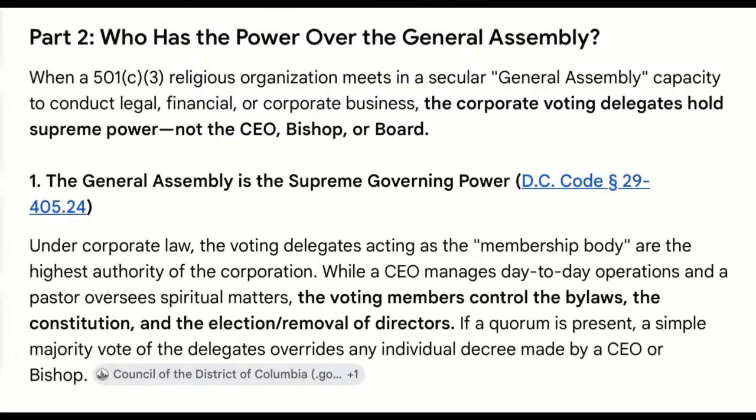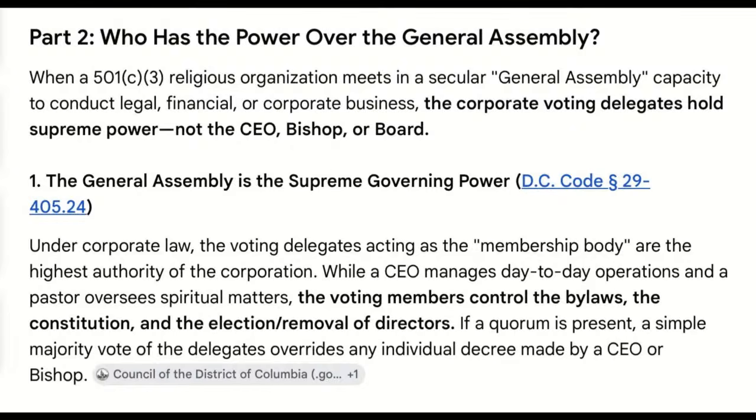Directors are board members, board of directors, executive officers, and chief executive officers. All of that is done by the assembly. The power is in the people's hands as the supreme governing power.